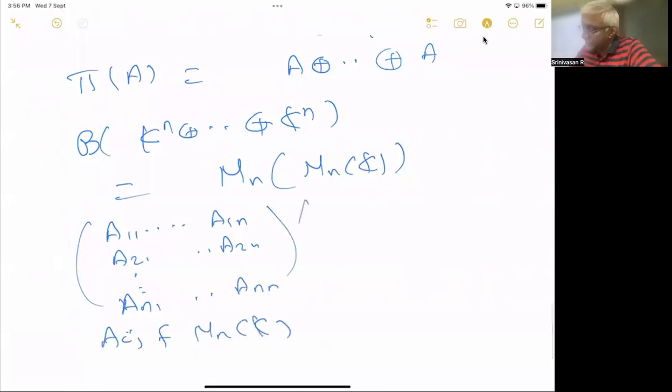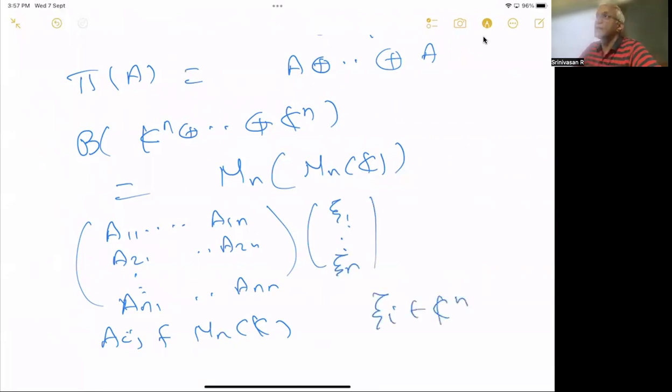Now this will act on Cn direct sum, on any element like xi1 up to xin, where each xi is in Cn. What is that? This is just going to be the summation over k of Aik xi k, right? It will be like this.